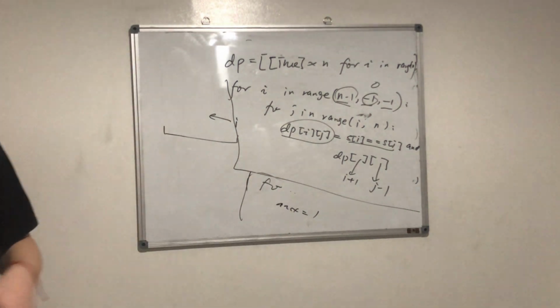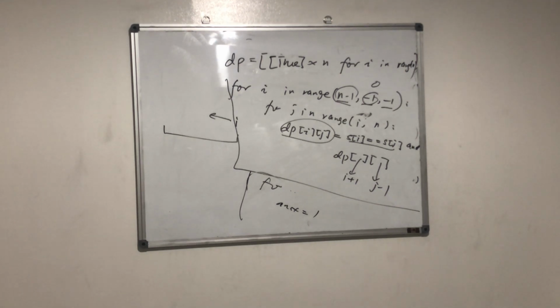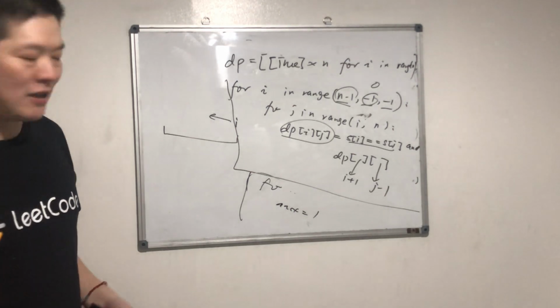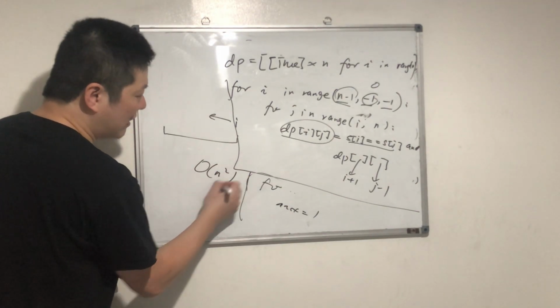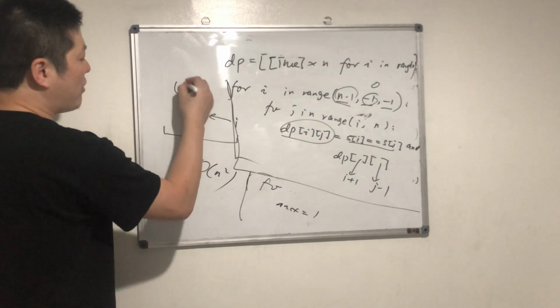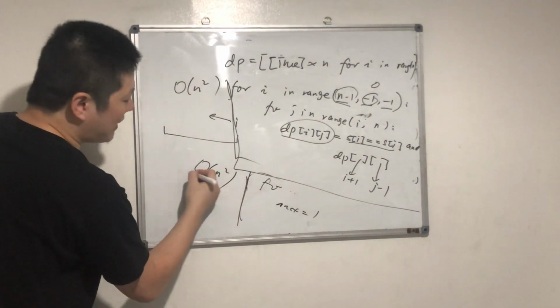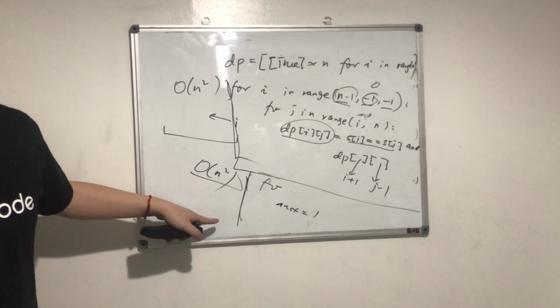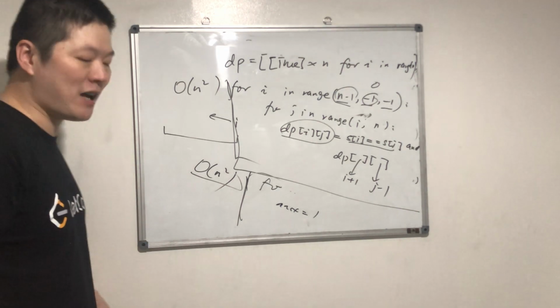The time complexity is O(n) square. This bit is O(n) square, and this bit is still O(n) square. O(n) square plus O(n) square is 2n squared, but we drop the constant, so it becomes O(n) square.